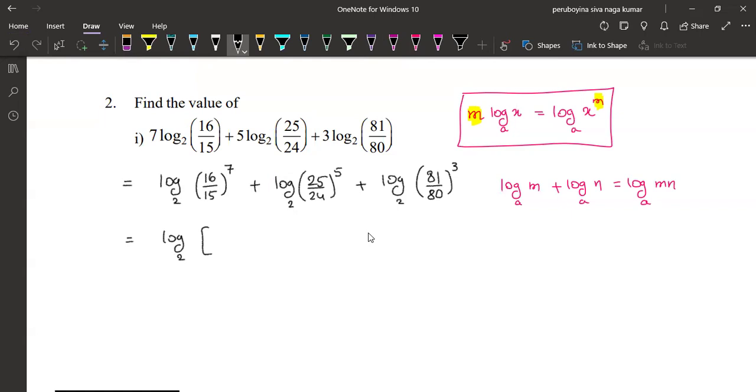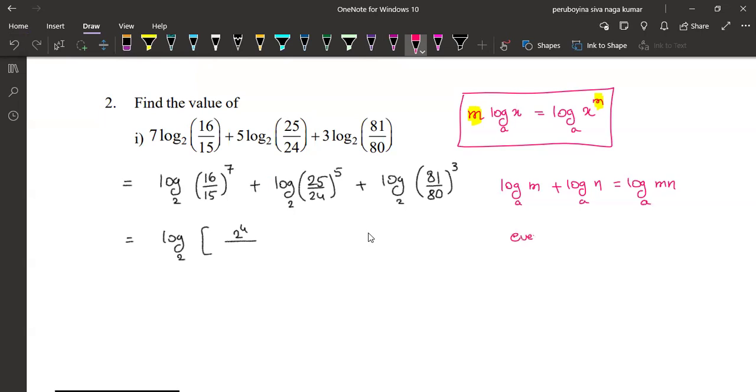So log base 2 of 16, you can express this 16 as 2 power 4. Why? Because I want to express every number in least powers. Least powers means prime powers. That is the best word you can use.